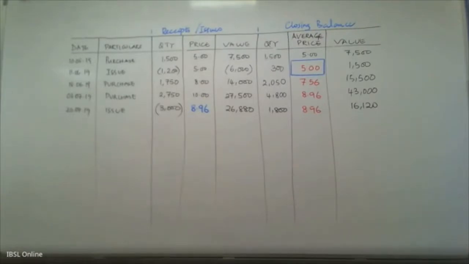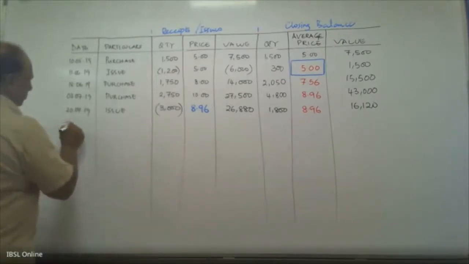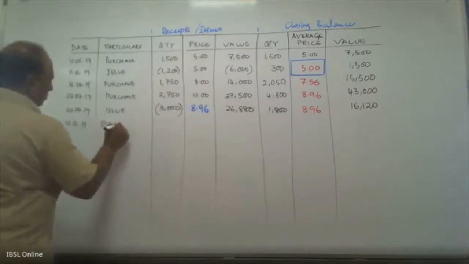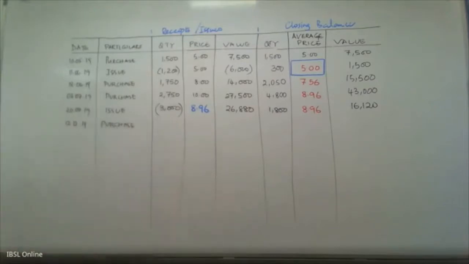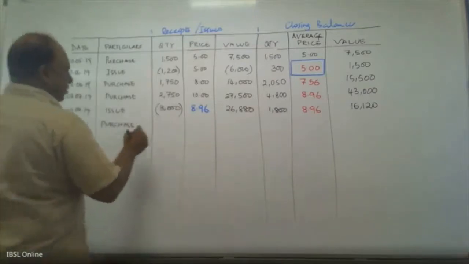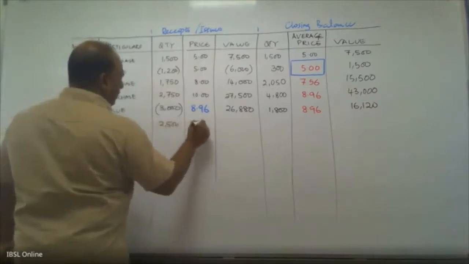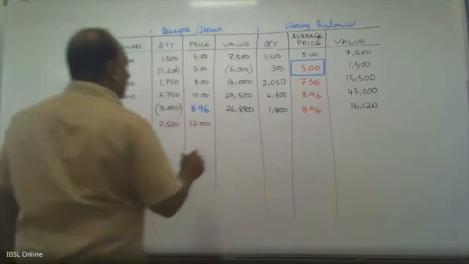The next item, that is on 12th of December, you have purchased 2,500 units at the rate of 12 rupees. How much is that? 30,000.